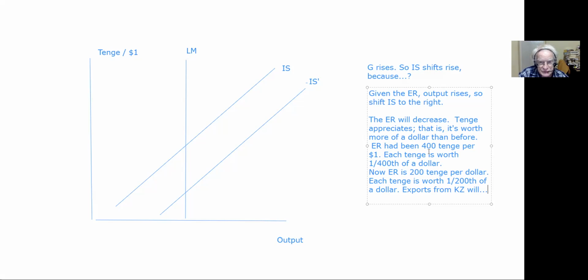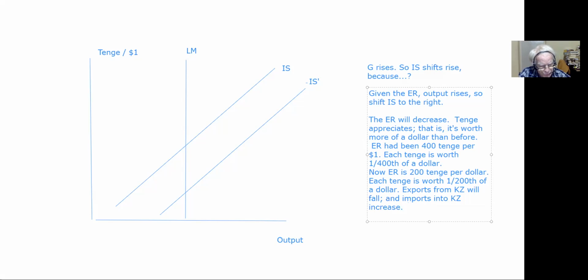Now, if tenge appreciates, it becomes stronger. Then exports decrease and imports increase.